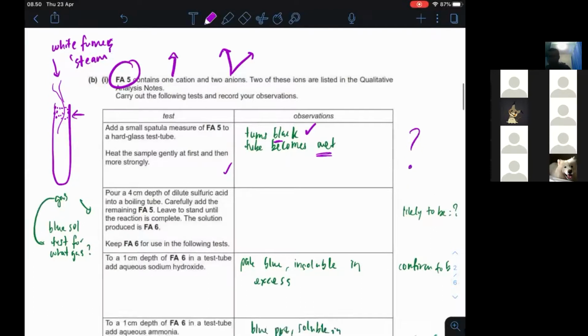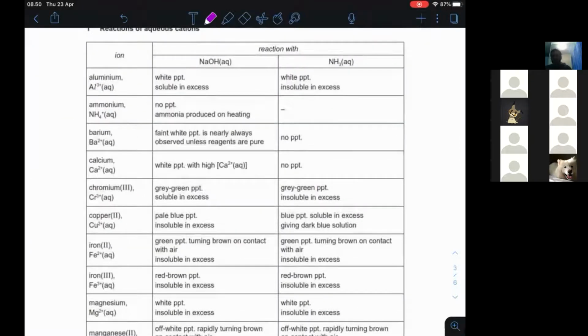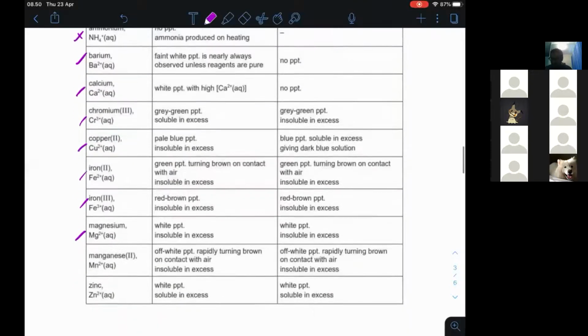If you look at the cation, when you heat up something, of course, the cation will change into oxide. So you will get aluminum oxide, ammonium oxide, barium oxide, calcium oxide, and so on. Out of all these oxides, can you tell me, if you know, what is a black oxide?